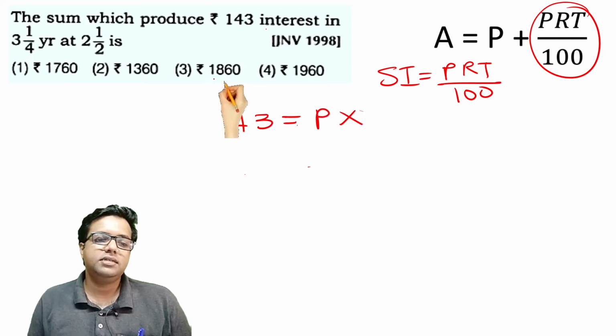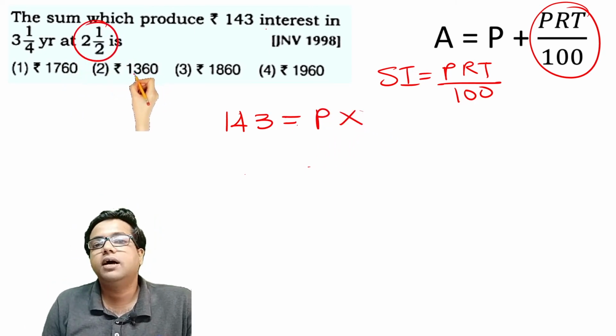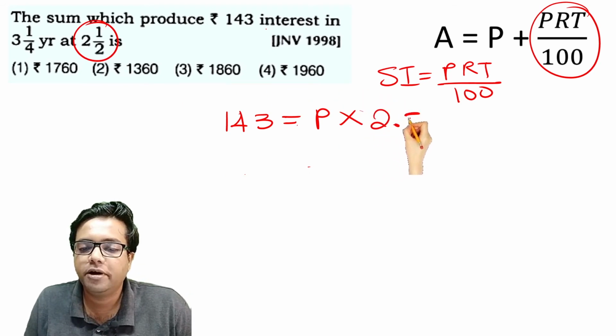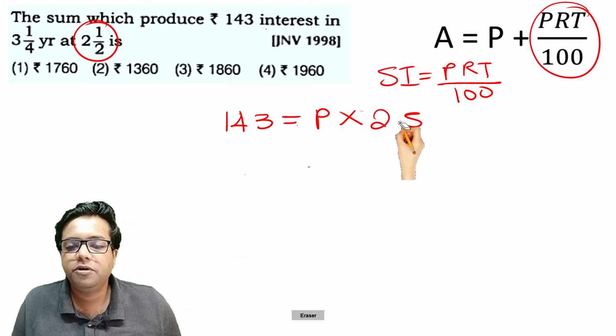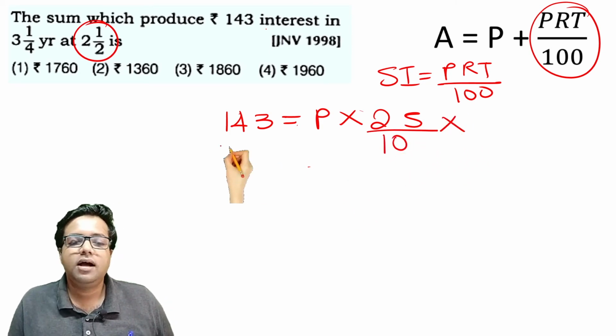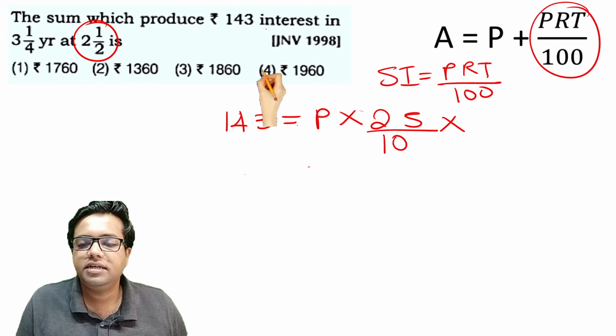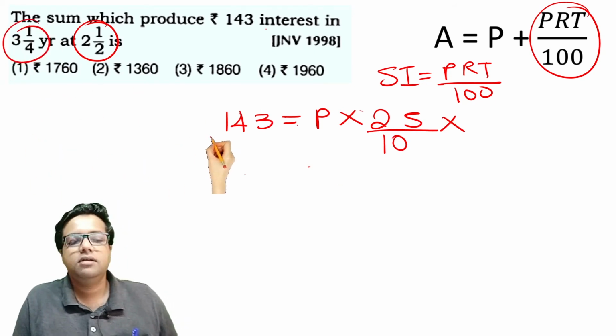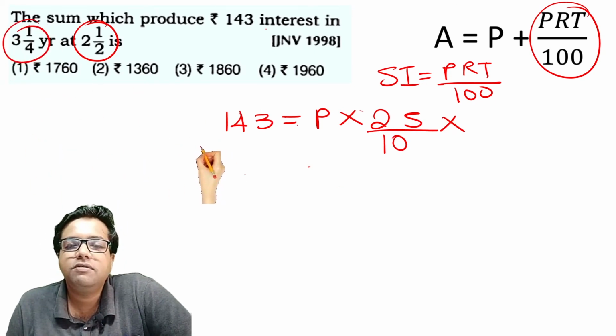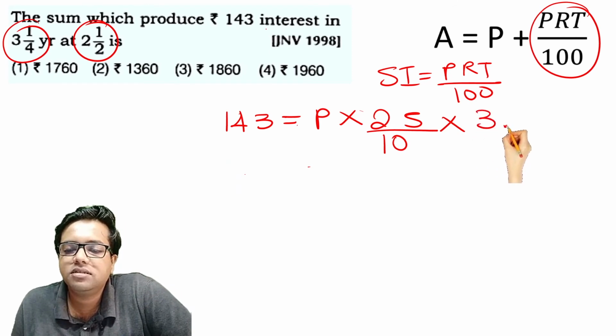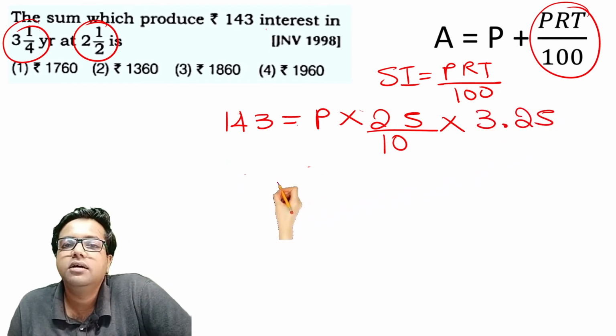Rate of interest is 2.5. I can even write 2.5 as 25 by 10, right? And the time duration is 3 1 by 4. That can be written as 3.25, right?